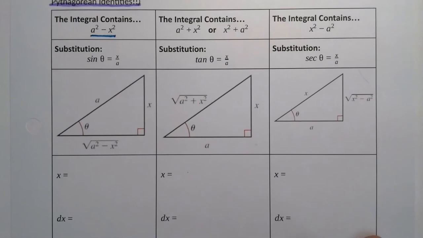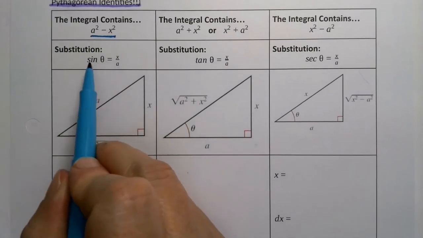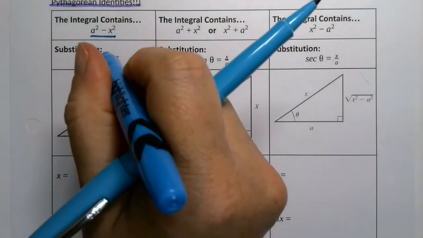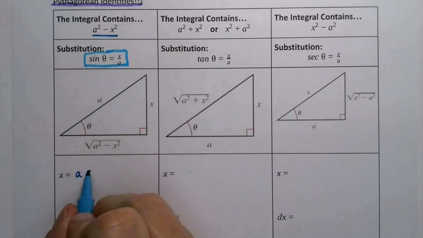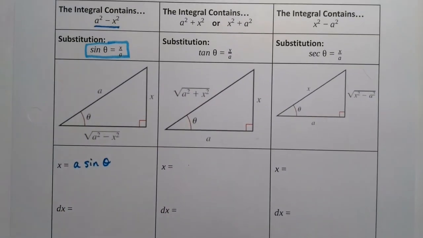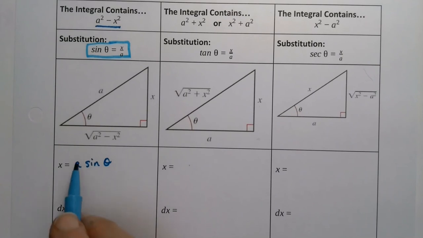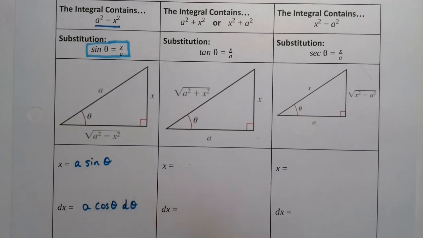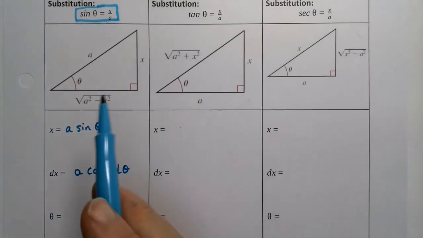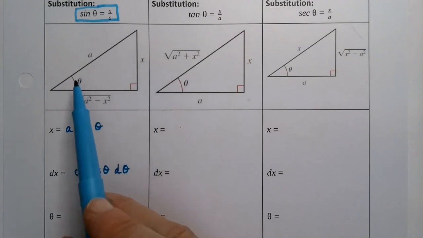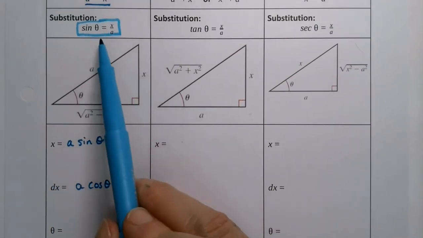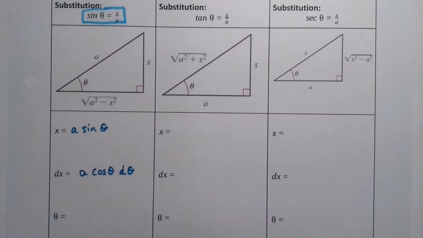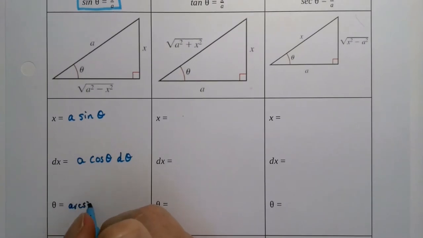In other words, if you solve this formula for x, you would have x is equal to a sine of theta. dx, which is the derivative of that, would be a cosine of theta d theta to get your differential. And theta would be the arcsine of x over a. Matter of fact, it's easier if you see right up here: if sine of theta is x over a, then theta is the arcsine of x over a.